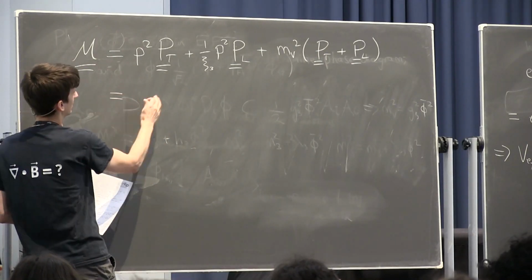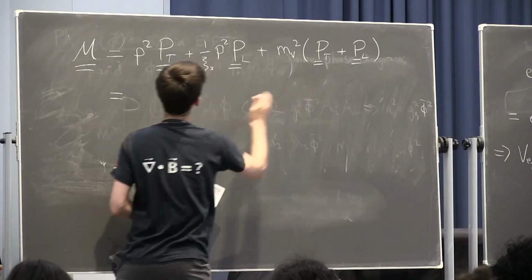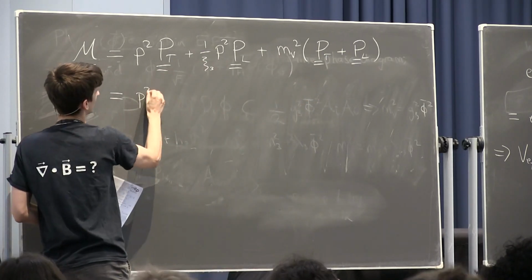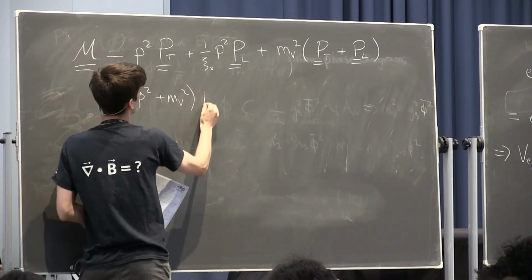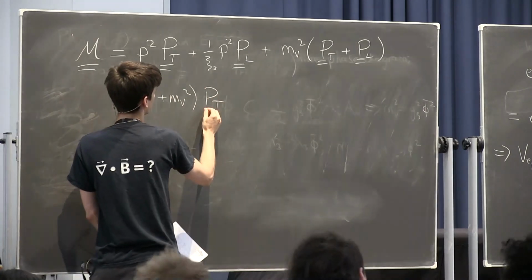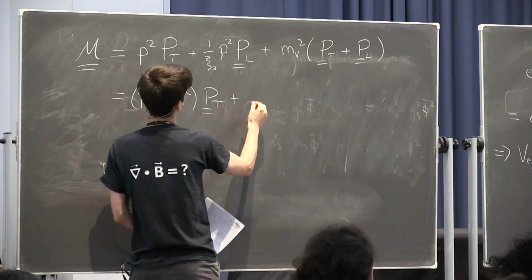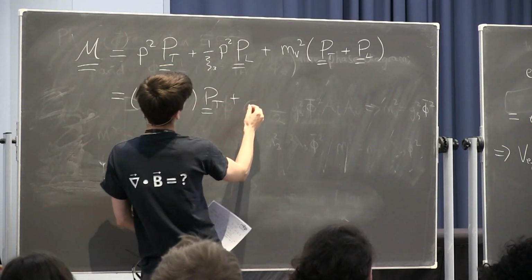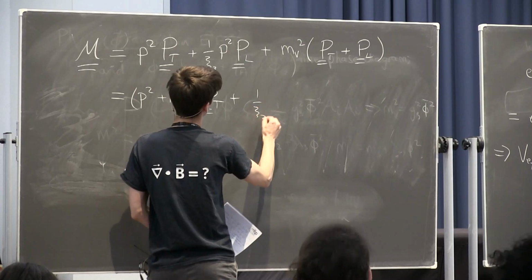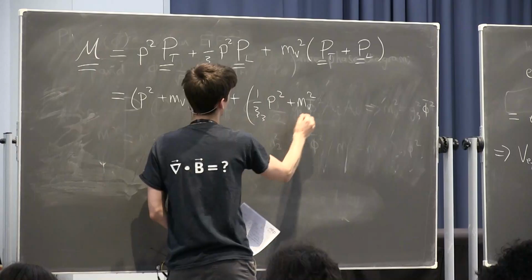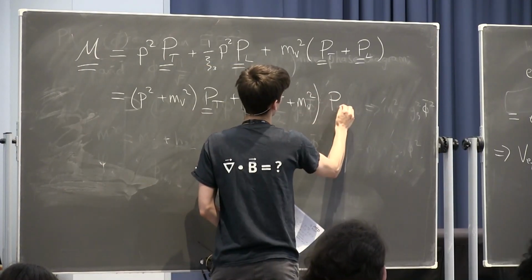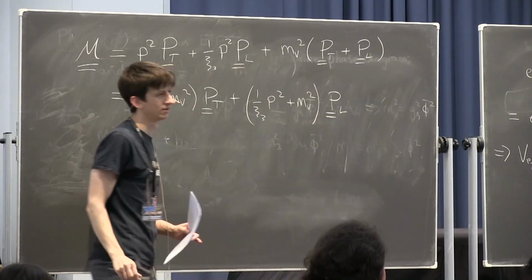Which allows me to then split up the P_T and the P_L bits, and we get p squared plus m_V squared in the transverse direction plus 1 over psi times p squared plus m_V squared in the longitudinal direction.